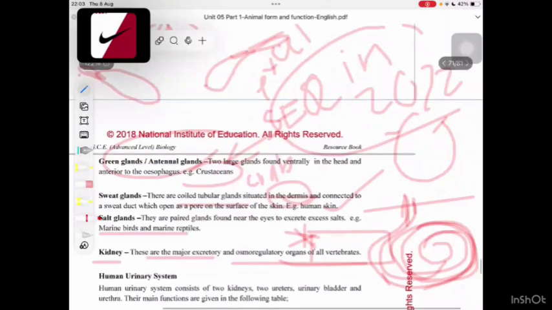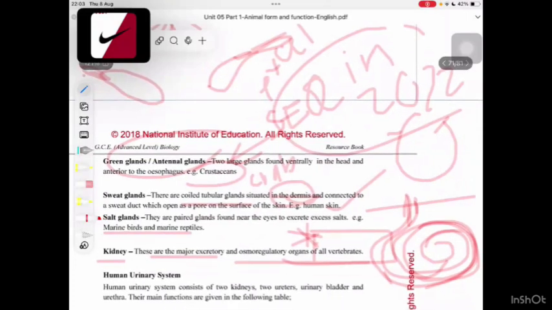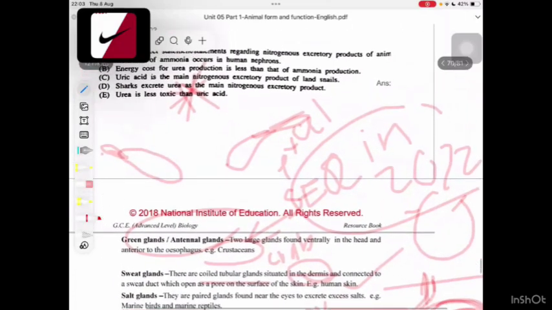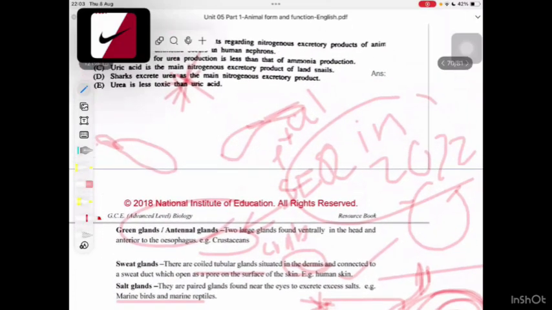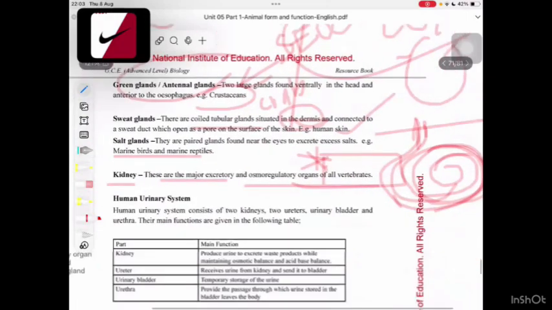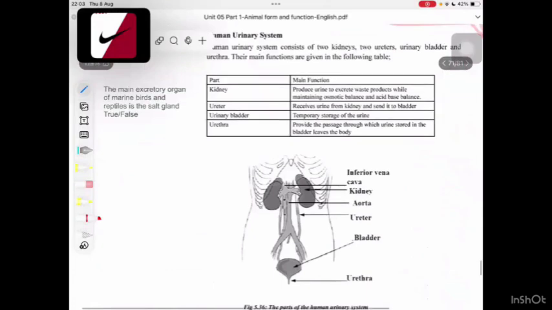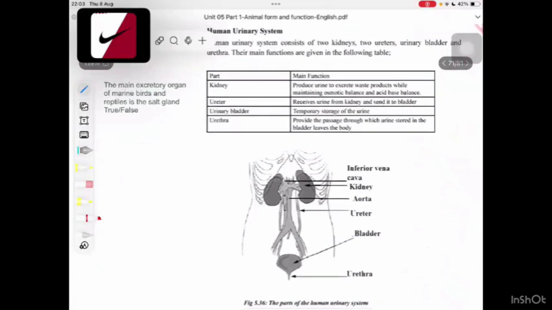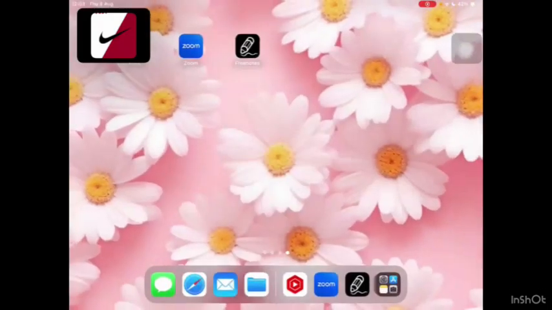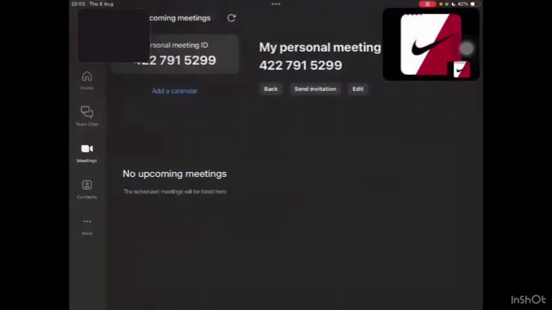So I will ask the question now, right? I'm going to say in marine birds, salt glands, give me a second. Yeah, the main excretory organ of marine birds and reptiles is the salt gland. Is it true? Is it false? I need an answer.